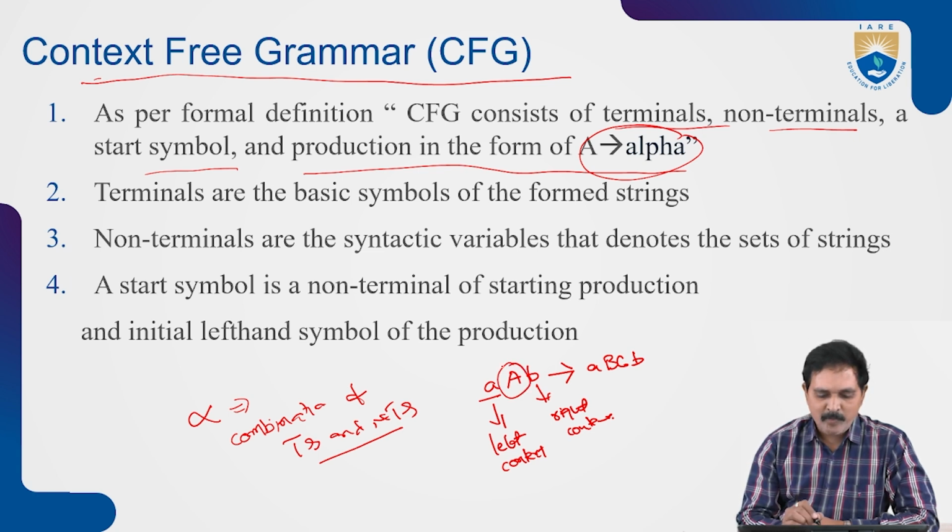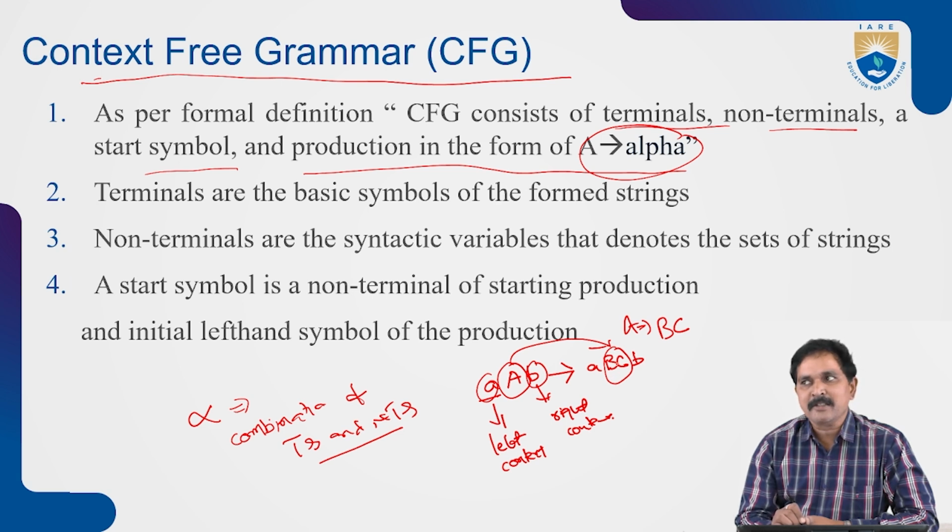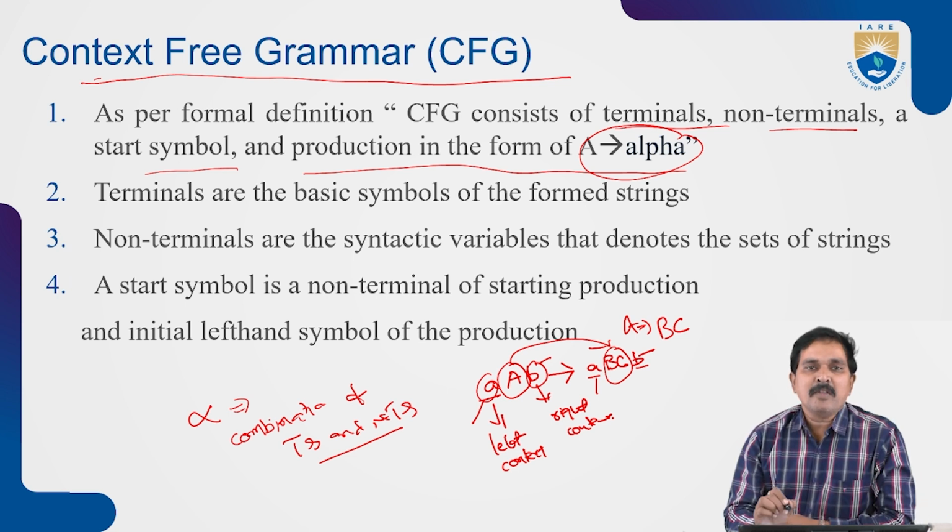Coming to A, small a is the left context of capital A, and small b is the right context of capital A. Here A derives BC, so in place of A, it can be replaced by a substring, capital B and capital C. You should observe that the context values are preserved on both the left-hand side and the right-hand side of the rule.